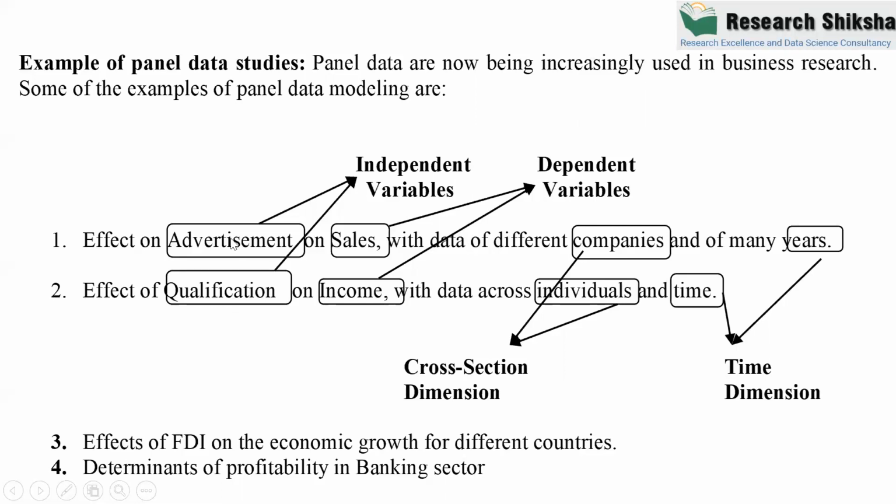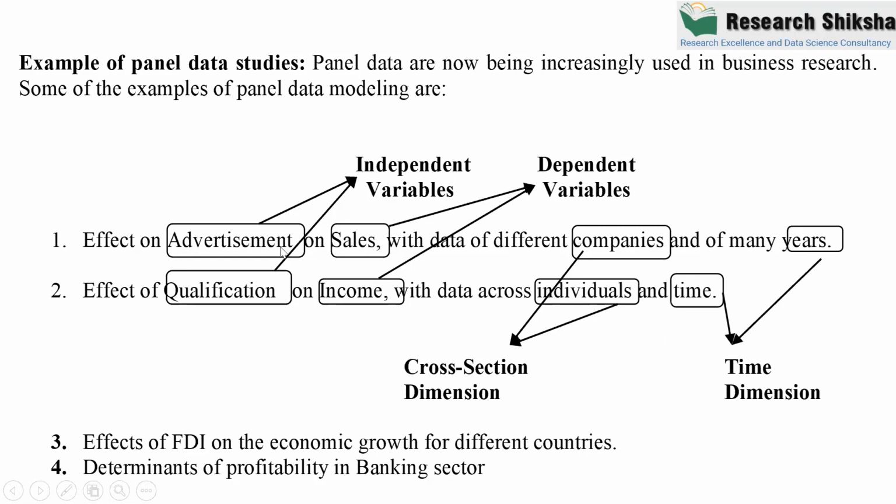So two variables, many companies, many years means panel data. Suppose we want to see the effect of qualification on income with different individuals and time, because in psychology they use longitudinal studies.